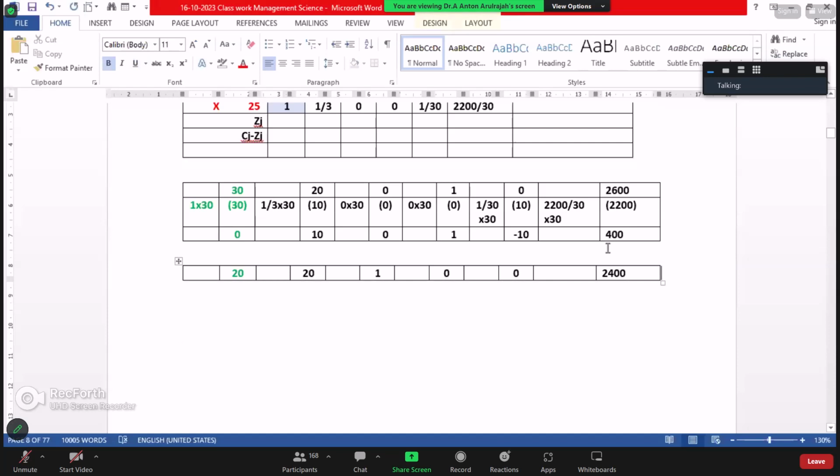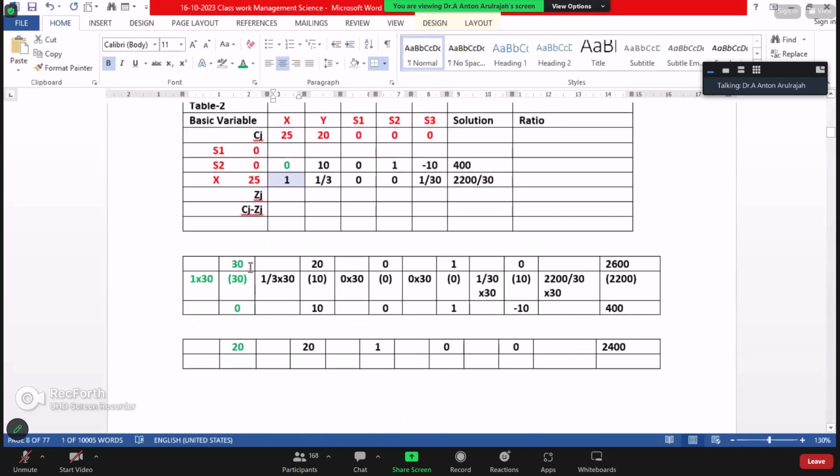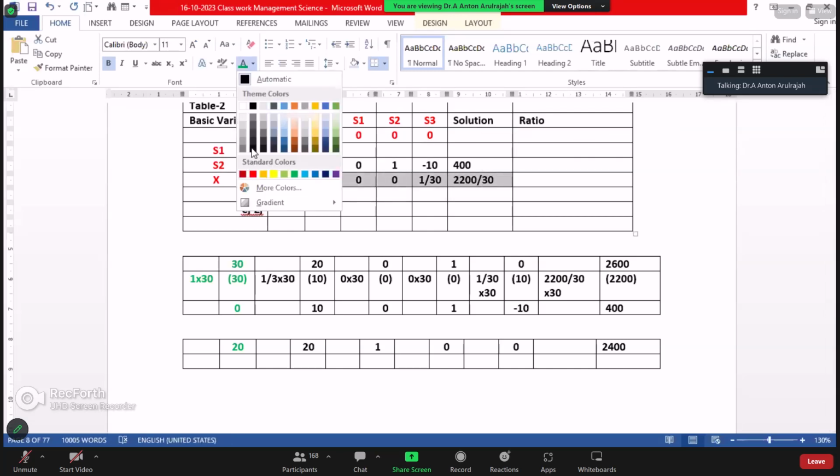Added. Then the focused value is 20. Your earlier row was 30, now 20. Then 20 has to multiply by the new row. Remember, this is the new row. I made it in a different color. Don't misunderstand. Okay?